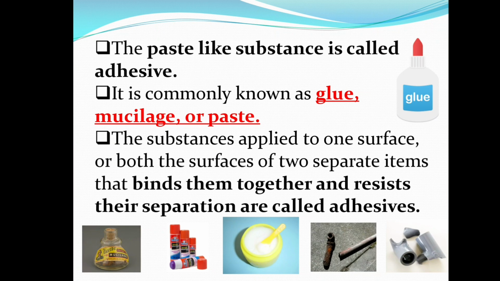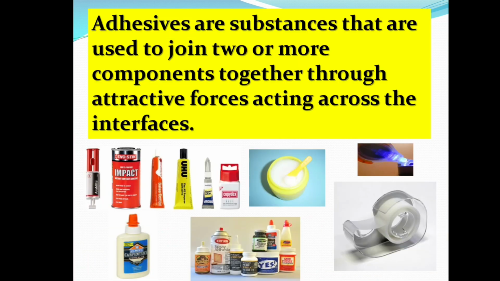The substances applied to one surface or both surfaces of two separate items that bind them together and resist their separation are called adhesives. So, what are adhesives? Adhesives are substances that are used to join two or more components together through attractive forces acting across the interfaces.